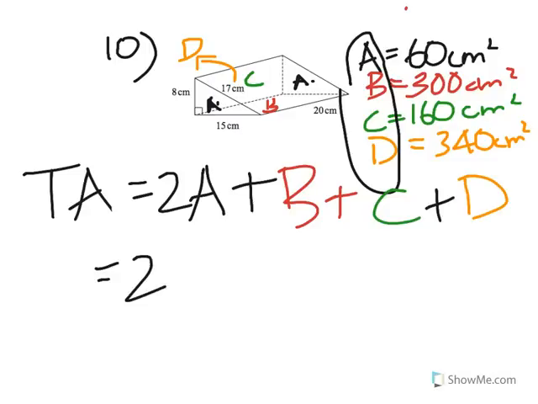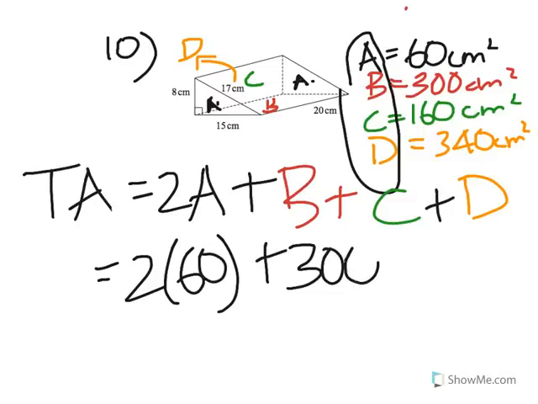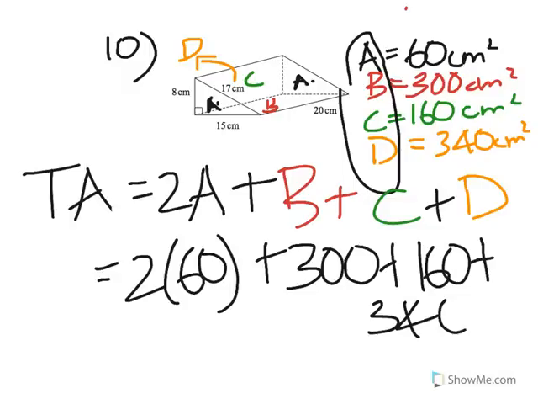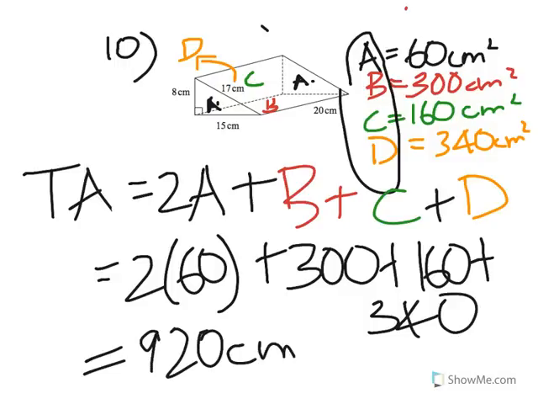It's nothing but 2 times 60, and B is nothing but 300, and C is nothing but 160, and D is nothing but 340. So your total surface area will be 920 centimeters squared, since it's area.